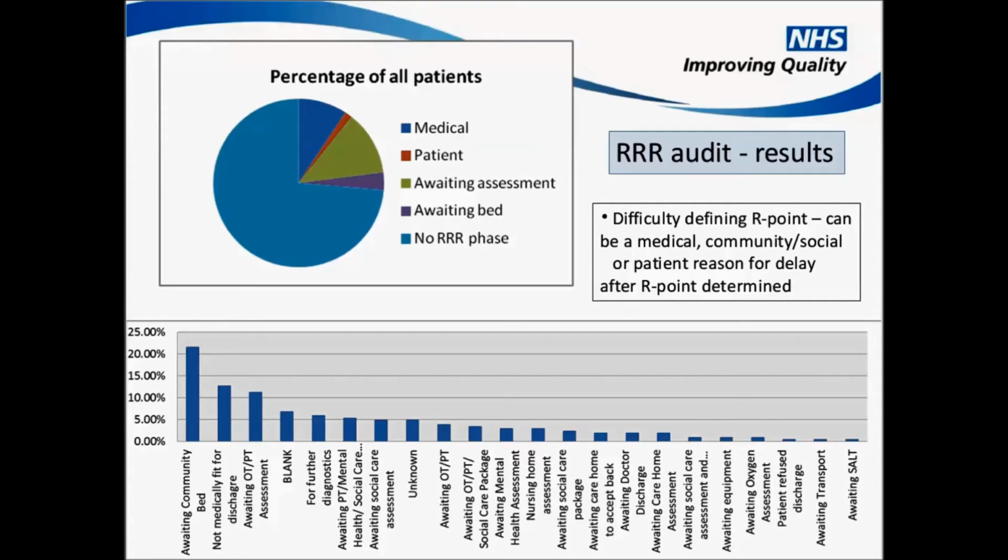And then if we look within the remaining 1/4 of patients, about 1/3 of those, the reason for the RRR phase was medical conditions. A bit over 1/3 was awaiting assessment, and a number of patients were awaiting a bed.